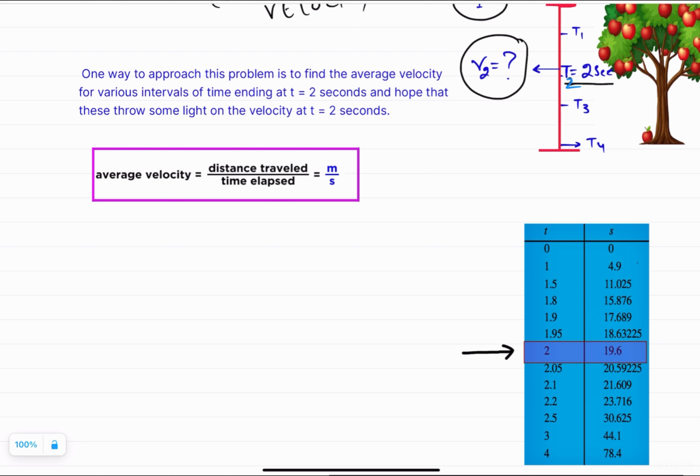If I talk about average velocity for a time equal to 2 seconds, first we will take the interval with respect to 0. The distances along with it are 0 and 19.6.